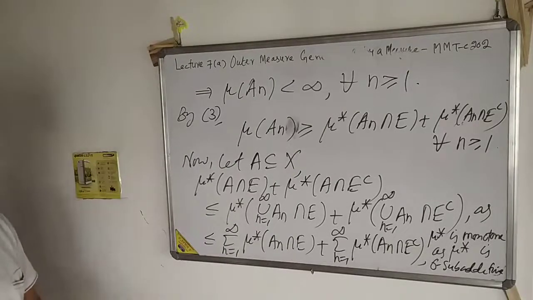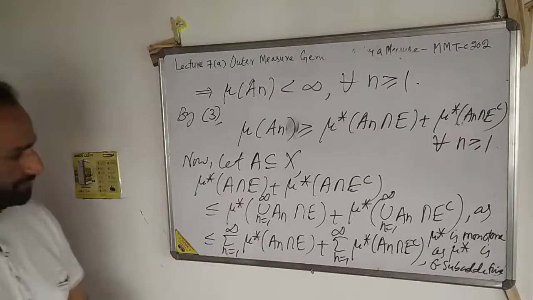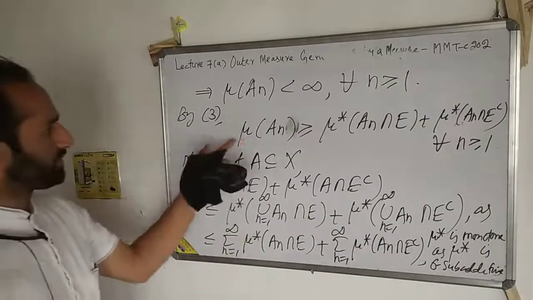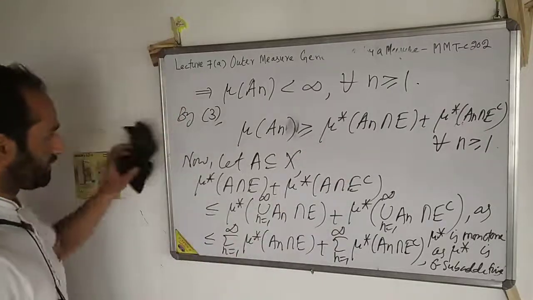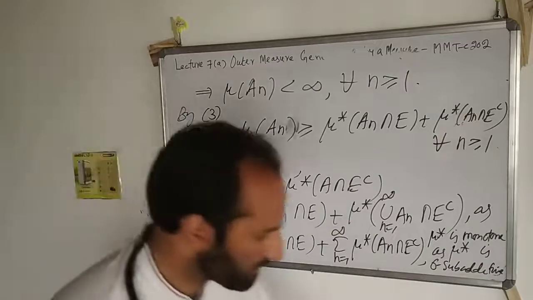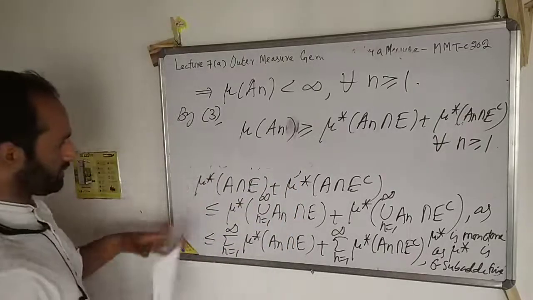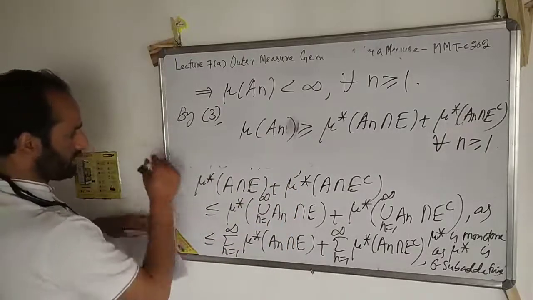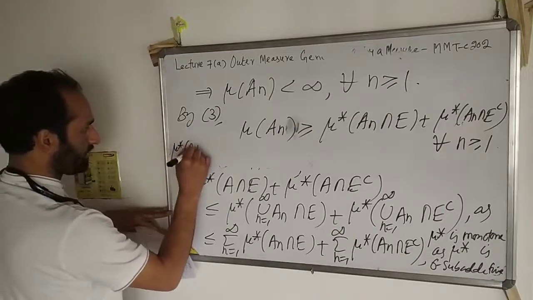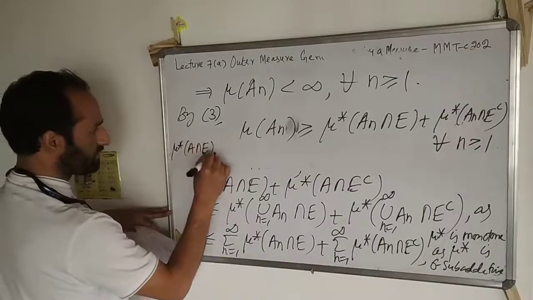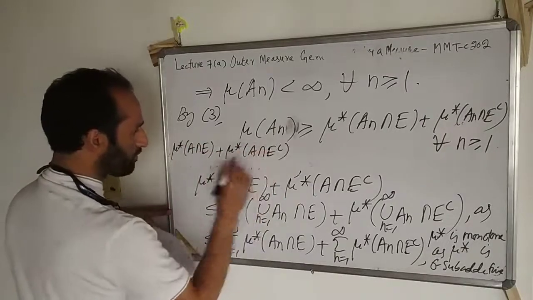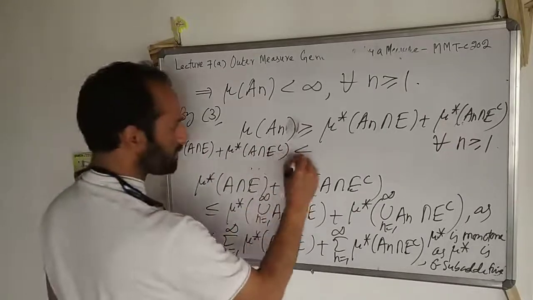So this is less or equal to this. I will not erase this inequality because we will use it here. So let me erase this part. So here we have mu star of A intersection E plus mu star of A intersection E complement is less or equal to this sum.